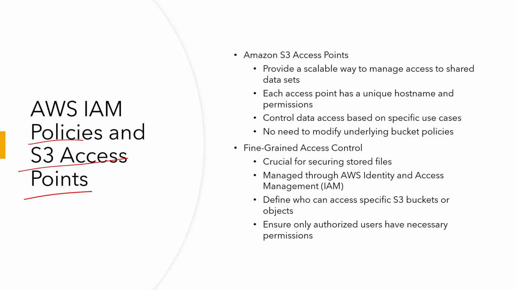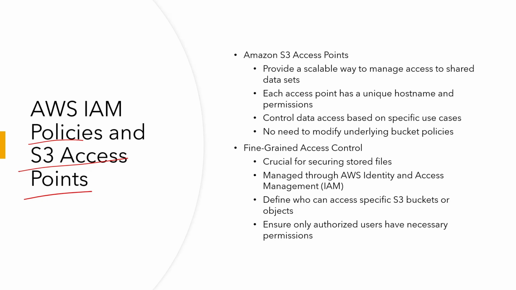Now, access points give us a scalable way to manage access to all of our shared data sets. Each access point has a unique host name and unique permissions, and all of this will allow us to control access based on specific use cases.